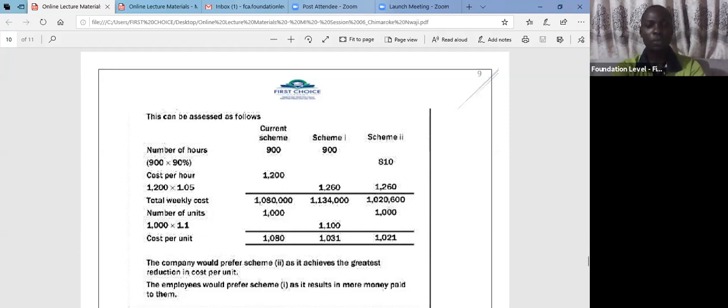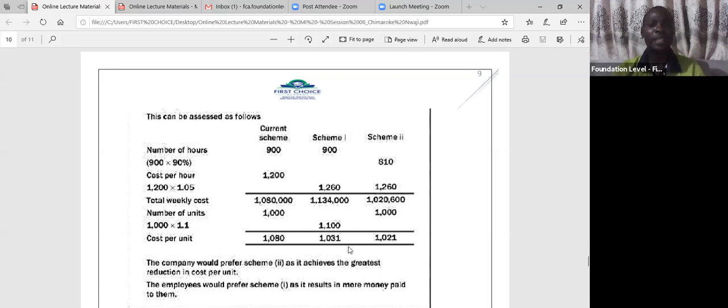So 900 hours multiplied by 1,200 naira per hour will give you 1,080,000 naira for the whole week.